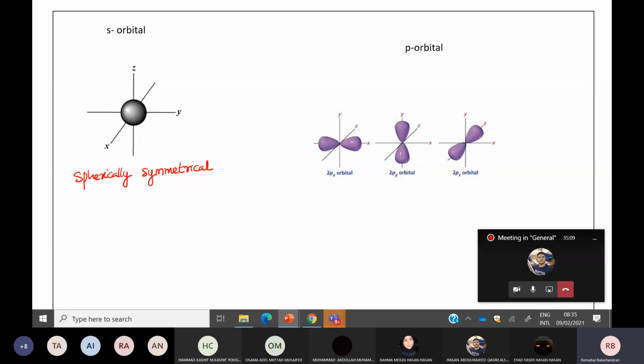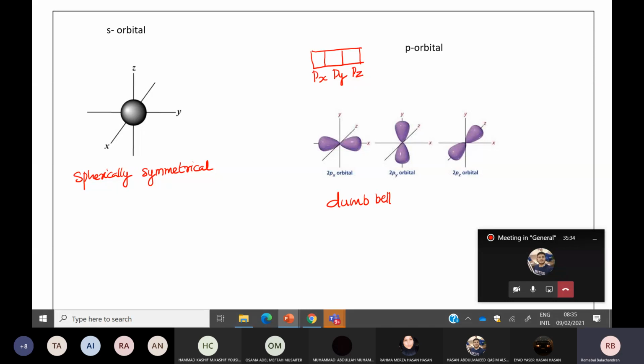The p subshell has 3 p orbitals: one is px, the other is py, the third is pz. Can you tell me the shape of a p orbital? It's called dumbbell.